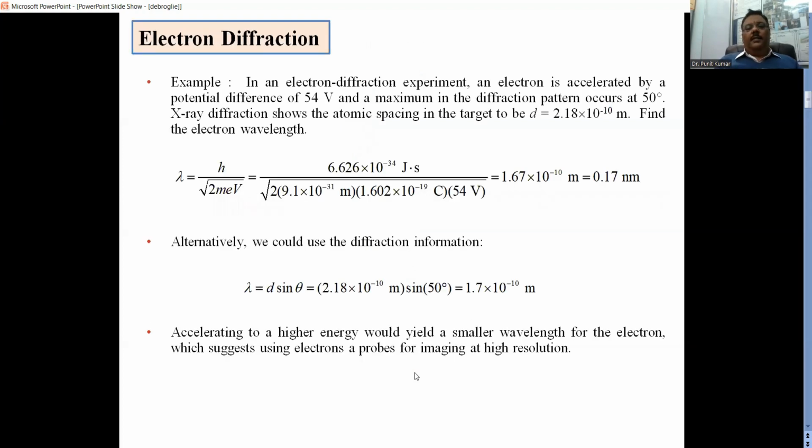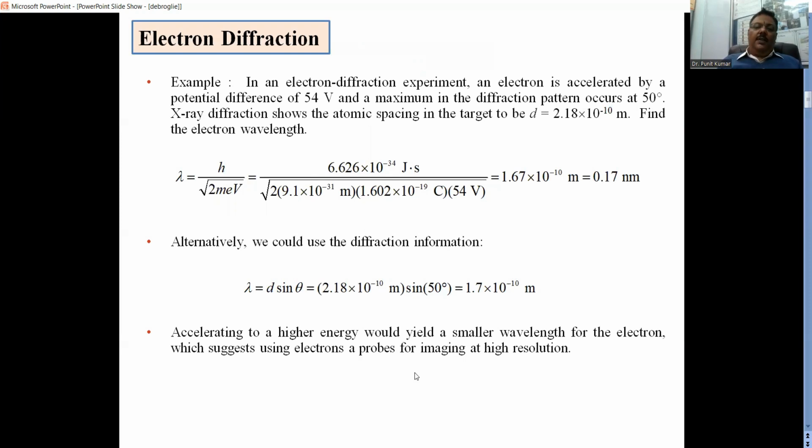Now, if we consider the diffraction experiment, an electron is accelerated by a potential difference of 54 volts, and a maximum in the diffraction pattern occurs at 50 degrees. X-ray diffraction shows that the atomic spacing in the target is 2.18 times 10 to the minus 10 meter. The wavelength through the formula h upon under root 2meV comes out to be 0.17 nanometer.